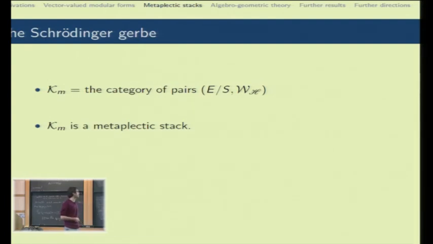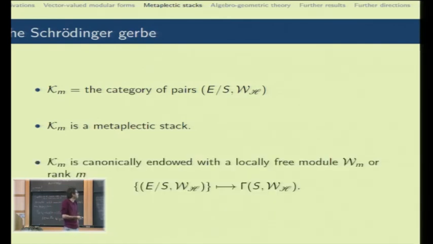Precisely, it's a mu2 gerbe over M1, over the modular stack, precisely by this condition of the automorphism being defined up to plus or minus 1. So by construction, what you get is that this stack is going to be endowed with a locally free module Wm, W is for Weil, by the most obvious rule, taking an elliptic curve and a Schrodinger representation and sending it to its sections.